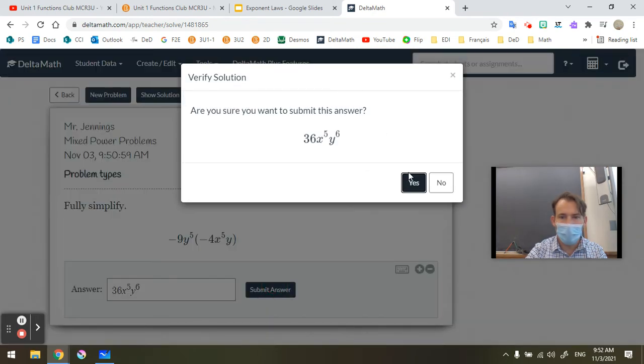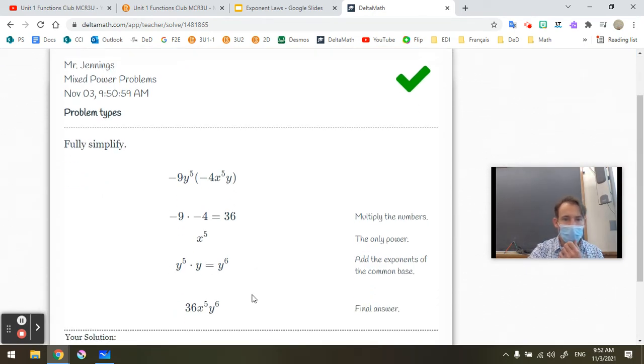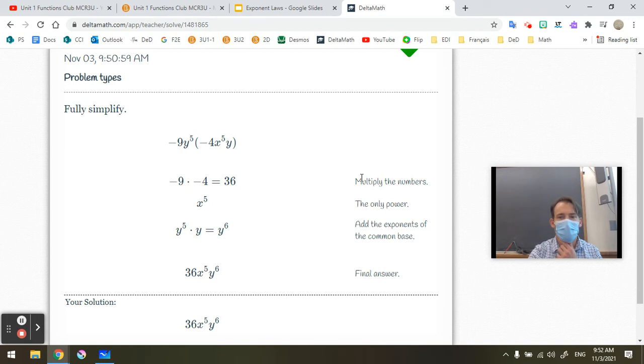Submit answer. Yes. Yay. And then go through and take a look at how they talk about it. They first multiply the numbers. Cool. Then they say there's the only power of x, so there you go. And then y to the 5 times y is y to the 6. That's y to the 5 times itself one more time. That's y to the 1. I'm 41 to the 1 years old. And so there you go. That's how you do it.